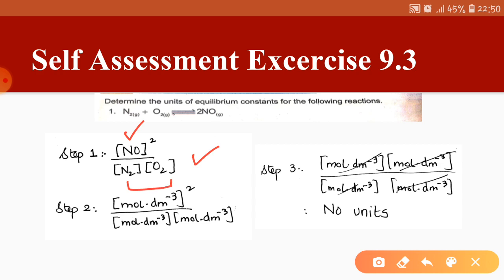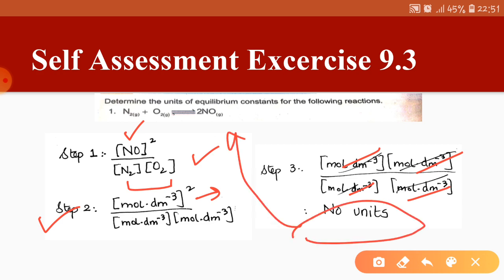Concentration terms for nitrogen and oxygen are written in the denominator because they are the reactants. After that, in step 2, concentration units for each species were written, and after simplifying, all the concentration units get cancelled. So this means that this equilibrium constant has no units.